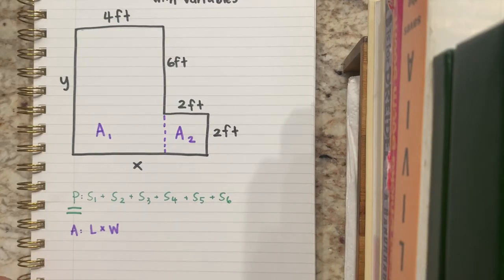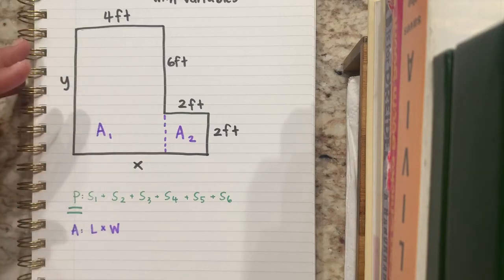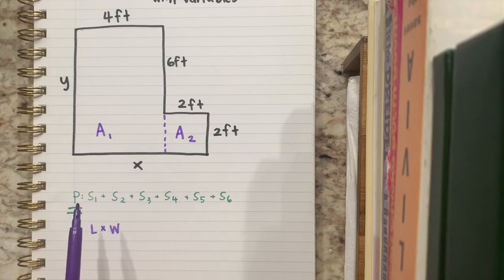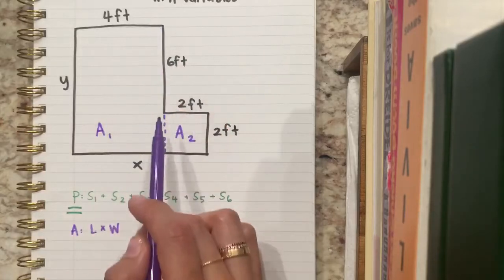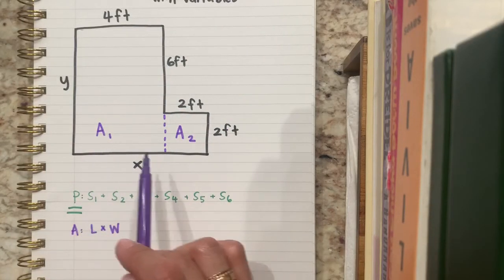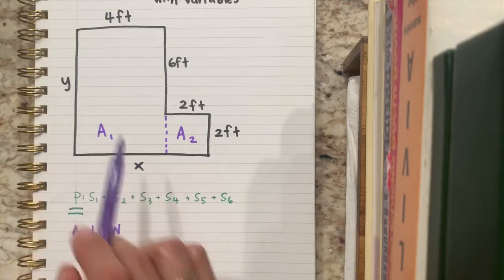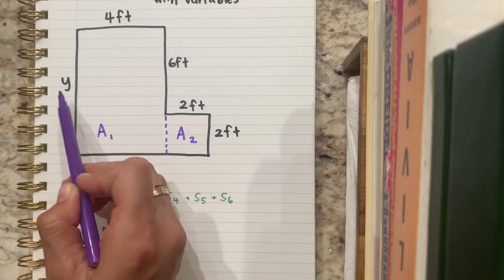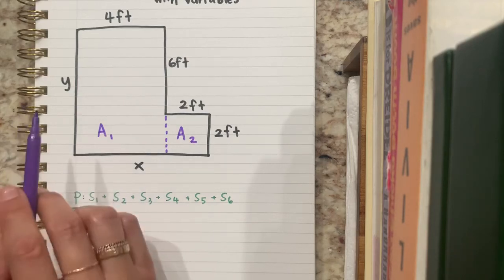So what I'd like for you to do and what I'd like to see in your submissions is a paper. It could look like mine, but I'd like for you to draw out this shape as best as you can. It doesn't have to be the exact same size, but make sure all of the sides are labeled like so, including the X and the Y. And once you figure out what each variable's lengths and widths are, you can write X is equal to blank, Y is equal to blank to show me that you figured out what X and Y are.